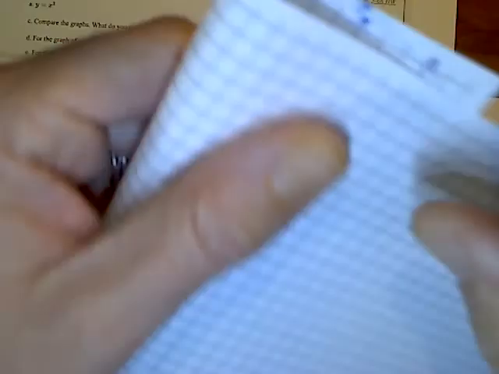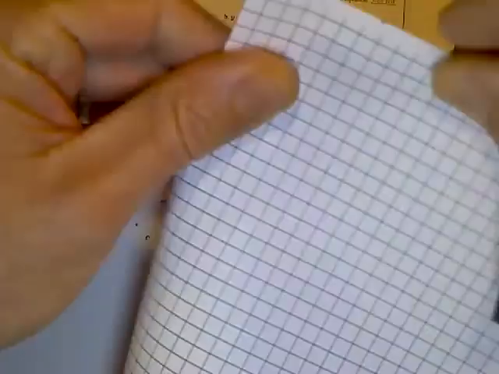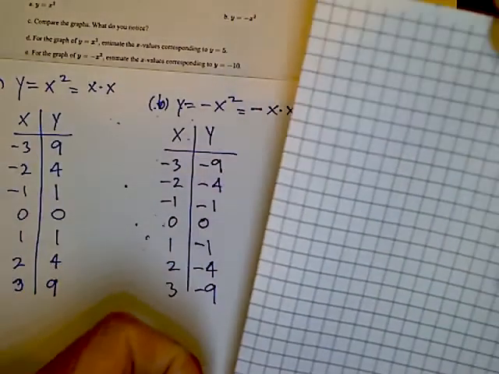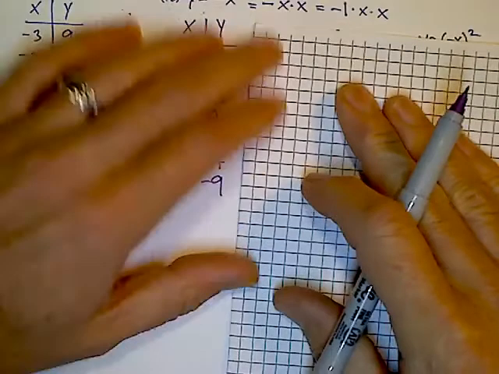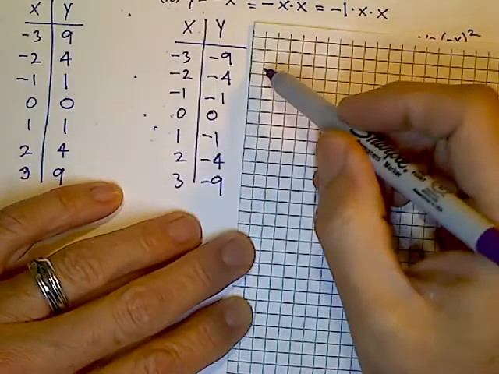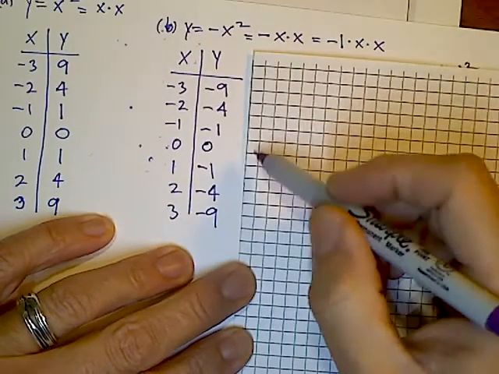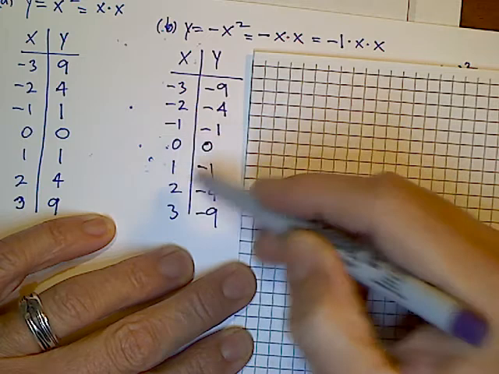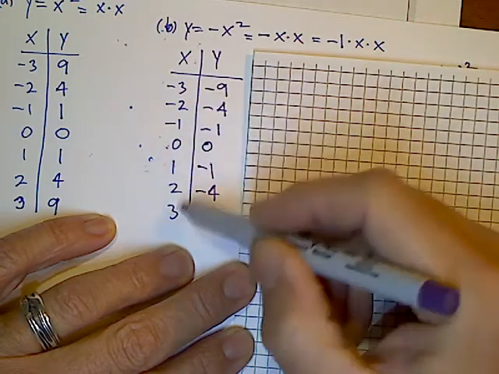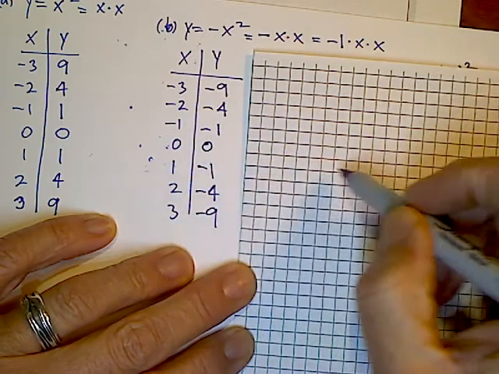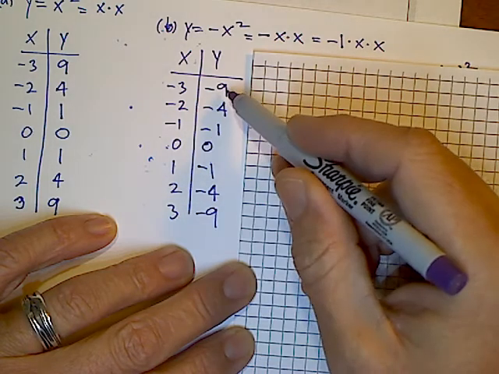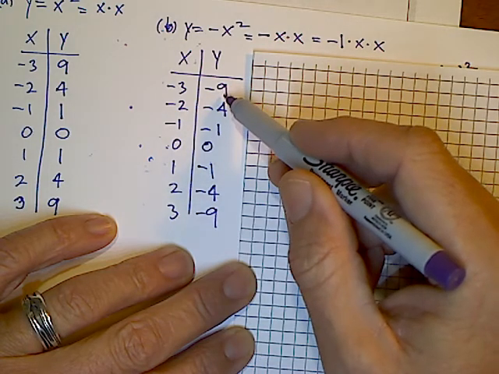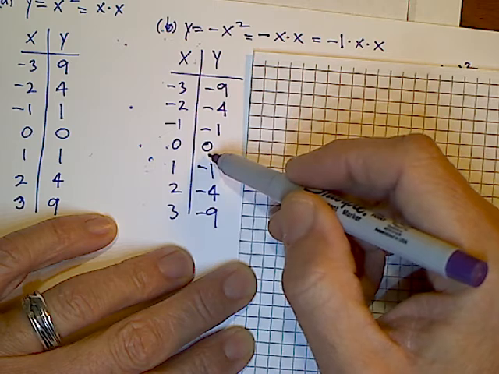So I'm going to fold out the first one we had so we can see it when we're done side by side, but let's see what we've got here. This time I'm going from -3 to 3. So on my x-axis I could have -3 to +3, but this time the y's are as low as -9, but only as high as 0.